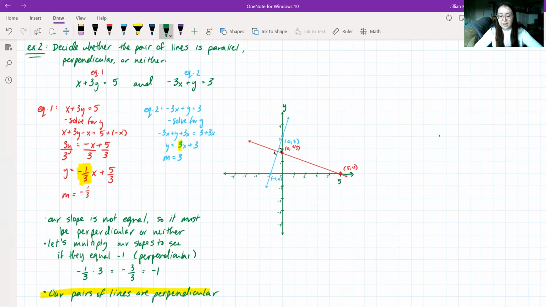You don't necessarily have to graph either of these lines in order to see that they are perpendicular or parallel, or neither for that matter. We just graph them so we can get a visual of what they looked like as well. So you don't necessarily have to graph these problems every time you run into them.